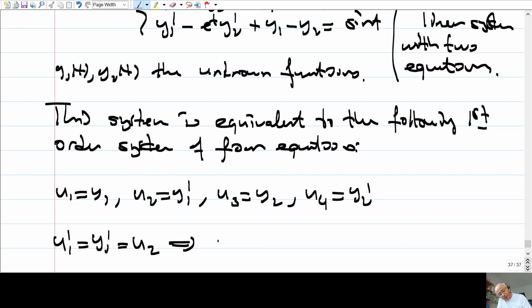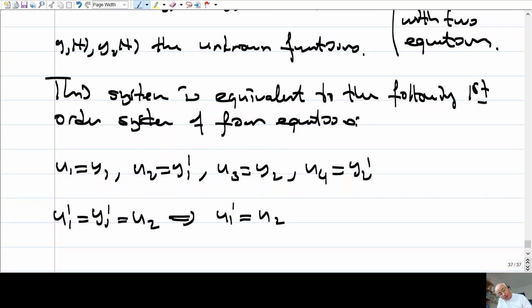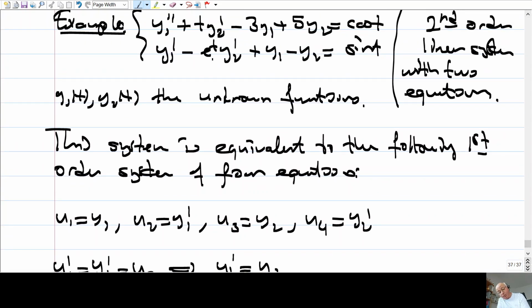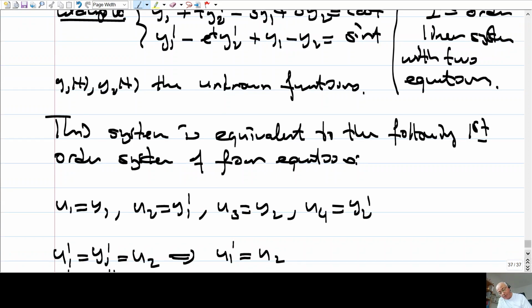So from this we get this equation: U1 prime is U2. And U2 prime is what? U2 prime is just Y1 double prime. And what is Y1 double prime? Y1 double prime can be written from this equation.